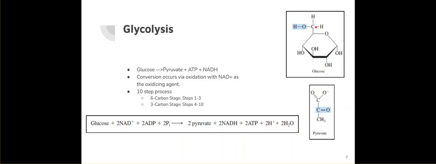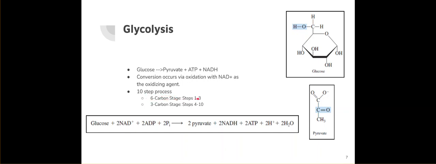So here is a glucose, and this is pyruvate. So you can see here it's breaking that ring structure out, and we're getting this carbon forming a double bond with an oxygen here with the loss of the hydrogen. This all happens in a 10-step process that we're going to walk through.